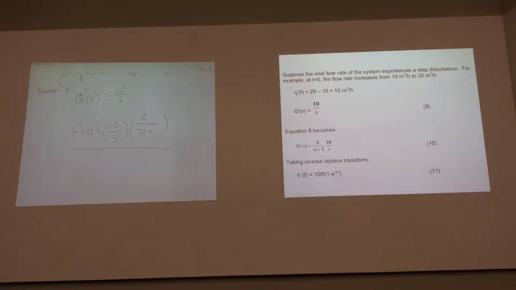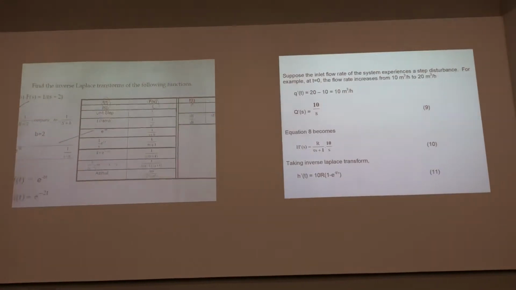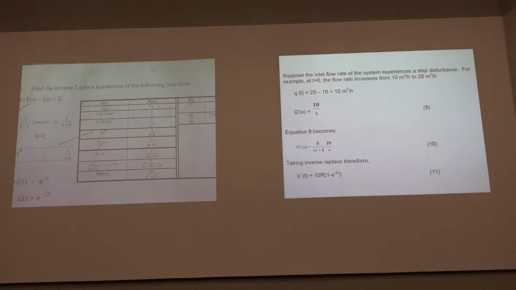It is nearer to this one. Because 1 over S, you can have the 10 over S, and 10 is just a number. R and 10 are constants, so you can take them out. You will have 1 over S multiplied by 1 over tau S plus 1, which is this one.